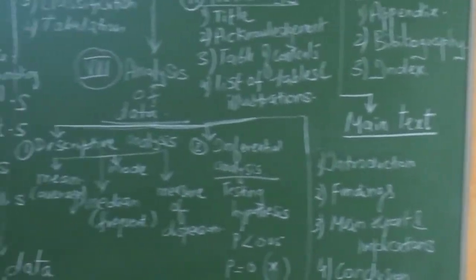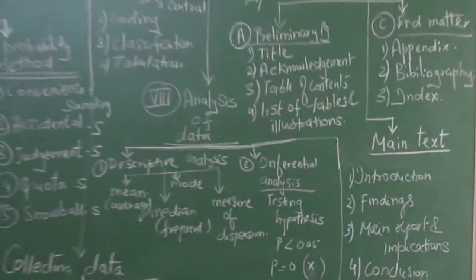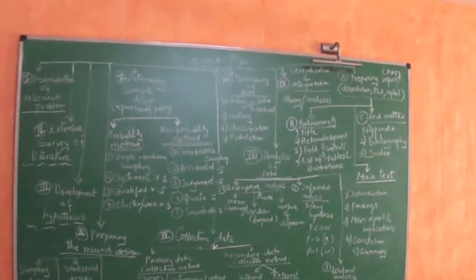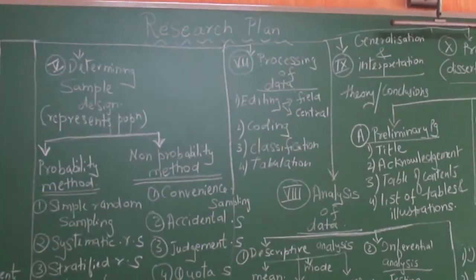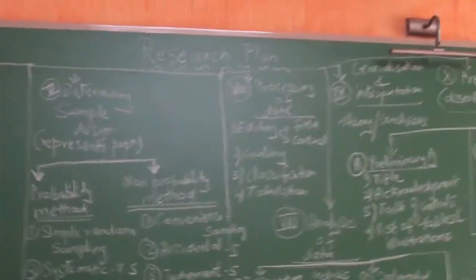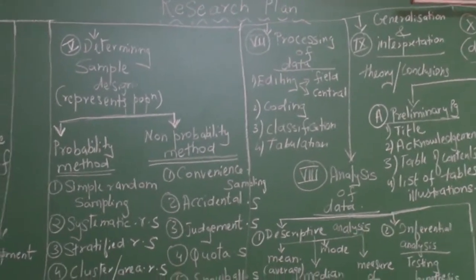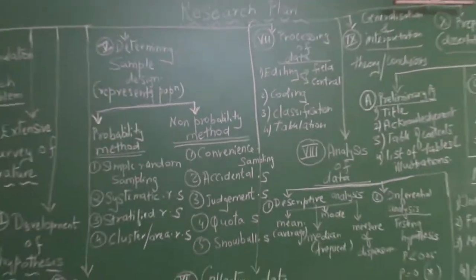All this has to be thought about initially in the research plan. So before you actually sit and think about doing a research, go through in your mind what should be the research plan, and then get into action.